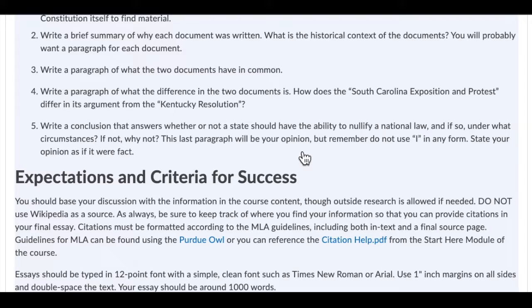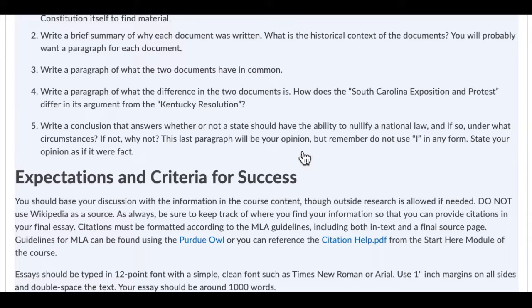The problem with arguing that a state should have the ability to nullify a national law, it seems to me, is that this has never been granted. This right to nullify a national law has never been allowed in practice. And so it's going to be hard for you to argue that and use historical evidence to back it up.